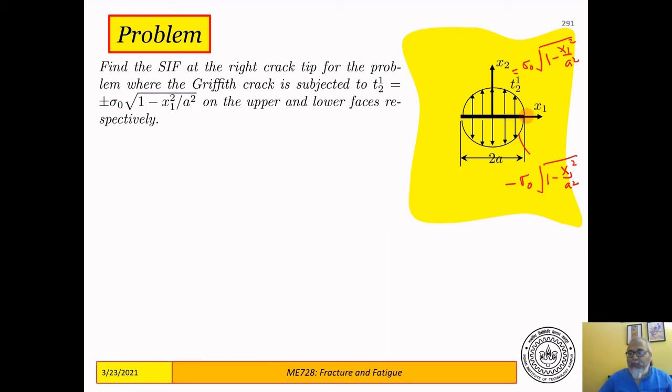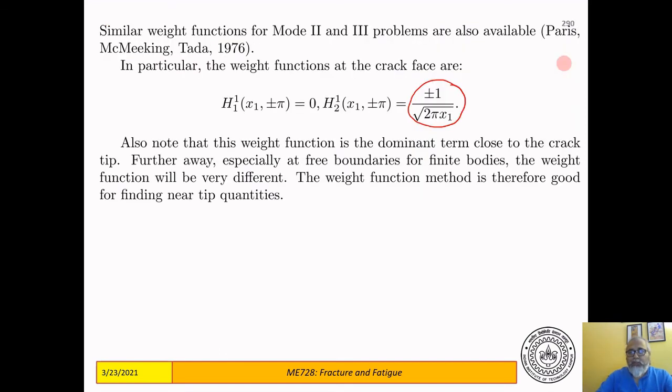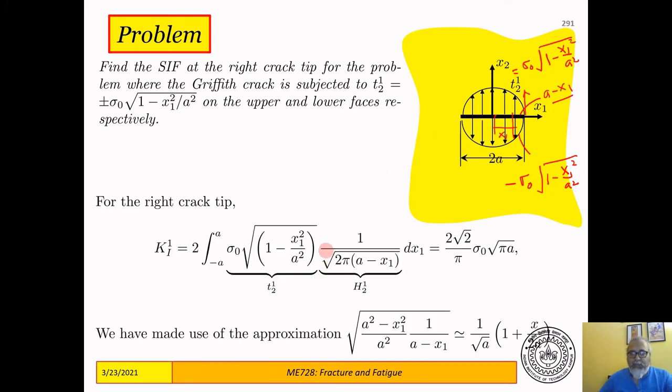So if you put a coordinate here and this is your x1 in the centered coordinate system, then this is a minus x1. So here we must replace this by a minus x1 for our coordinate system, and then integrate from minus a to a. For the lower crack face, it's the same, so I have this 2.